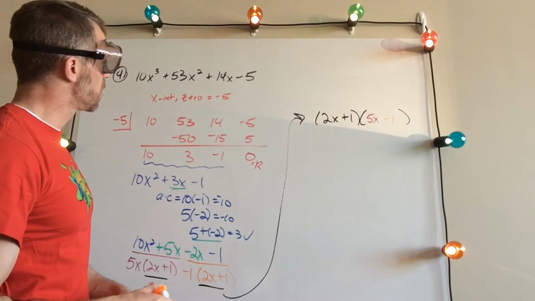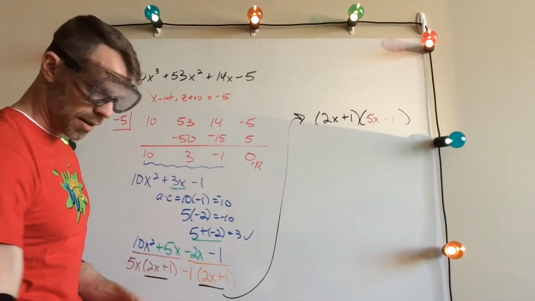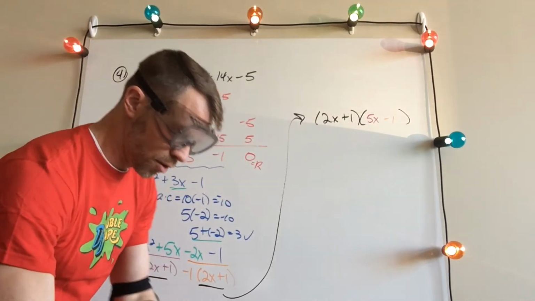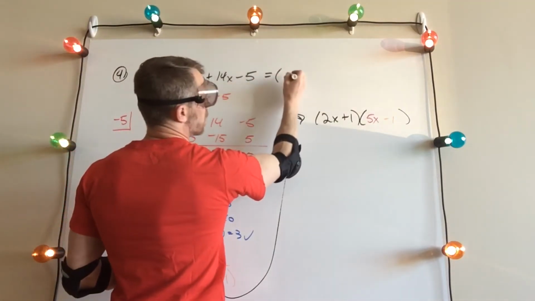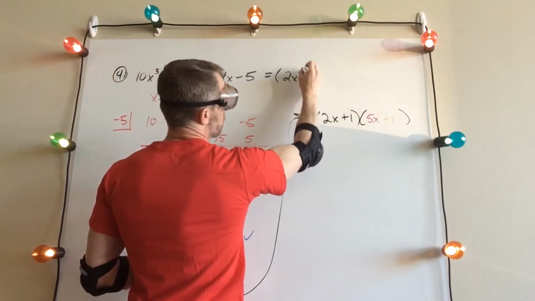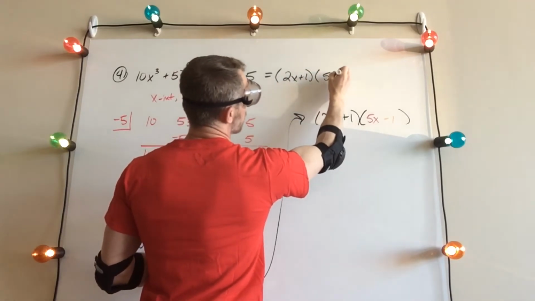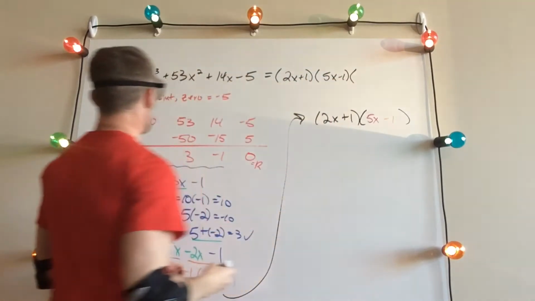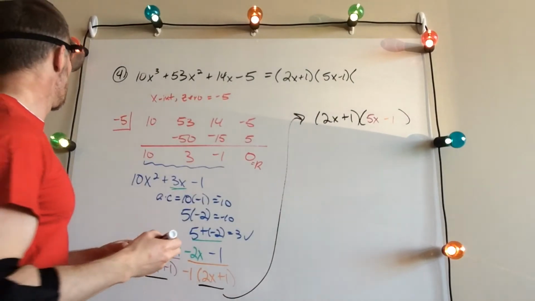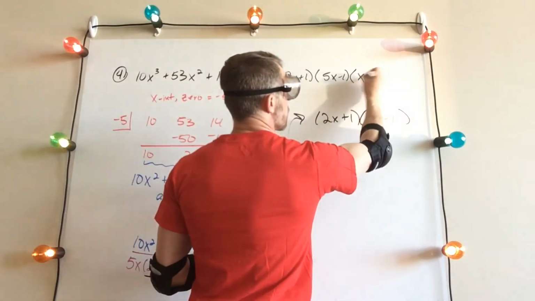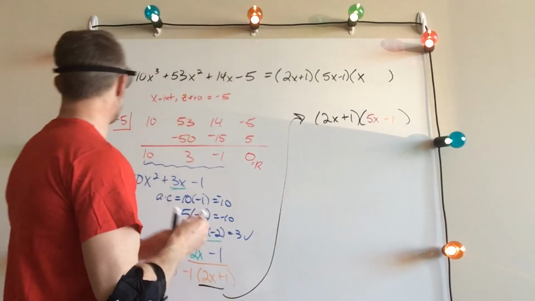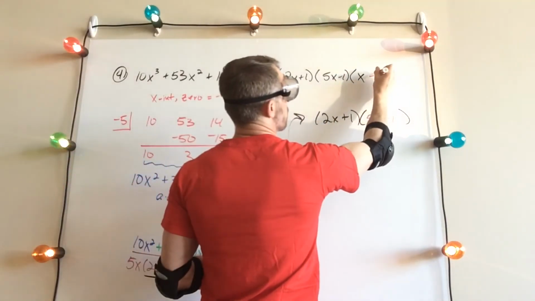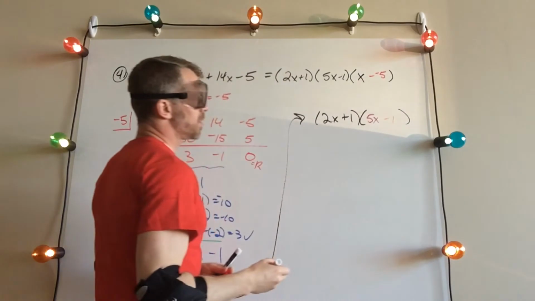All right, so our original, let's see here, one factor, 2 factors, but then that last one is going to come from that x minus negative 5.